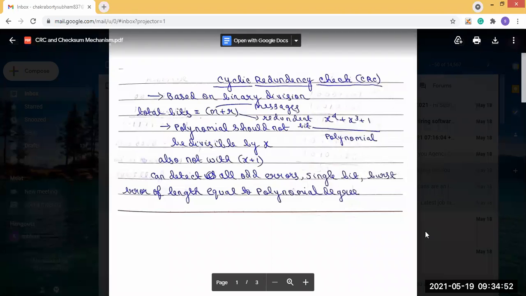So in the parity bit, we have seen that a parity bit is added to the original message, and after this, the message is sent from the sender to the receiver. The parity is chosen by the sender side, that it is even parity or odd parity. Even parity means the number of ones present in the message, including the parity bit, will be even, and odd parity means the number of ones including the parity bit will be odd.